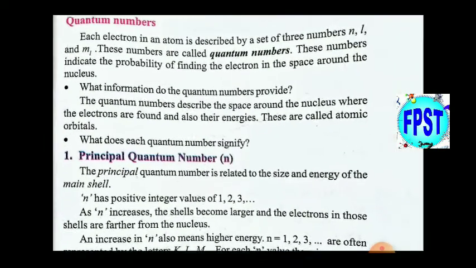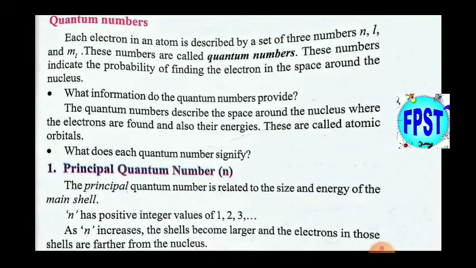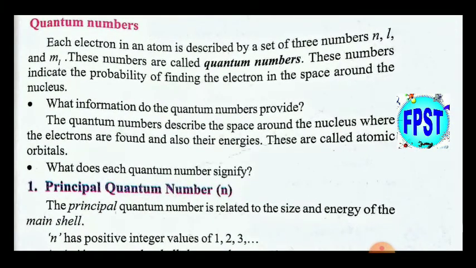Each electron is described by a set of 3 quantum numbers, n, l and ml, and we also use the 4th quantum number ms to know about the spin of the electron. These numbers are called the quantum numbers. These numbers indicate the probability of finding the electron in the space around the nucleus.